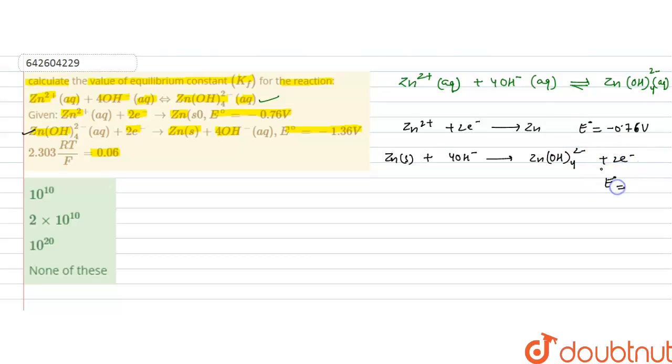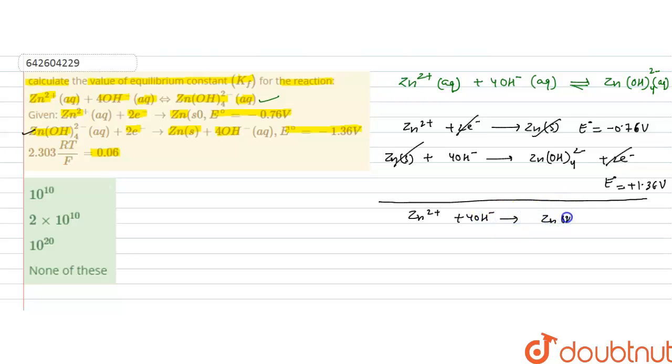Because this is now the oxidation reaction, it will become the oxidation potential and become positive. So if we add these two equations, the Zn will get cancelled and the 2 electrons will also get cancelled. So we have Zn2+ plus 4 OH- forms [Zn(OH)4]2-.